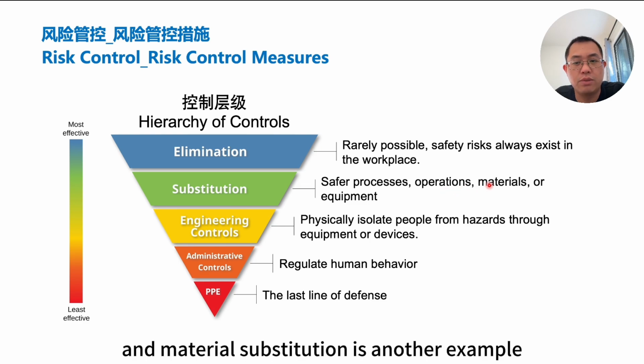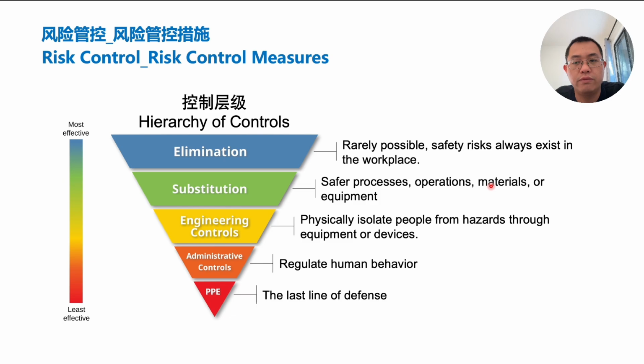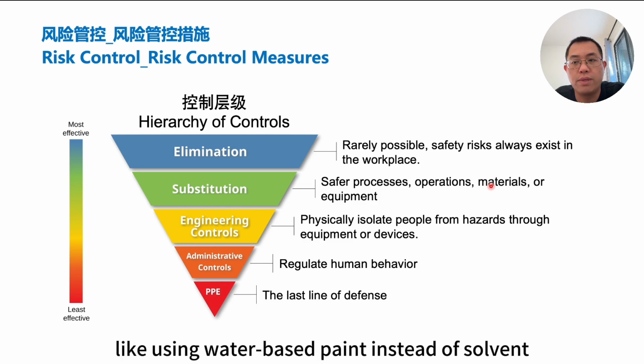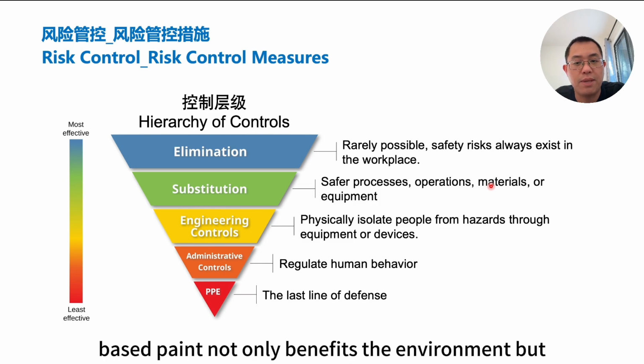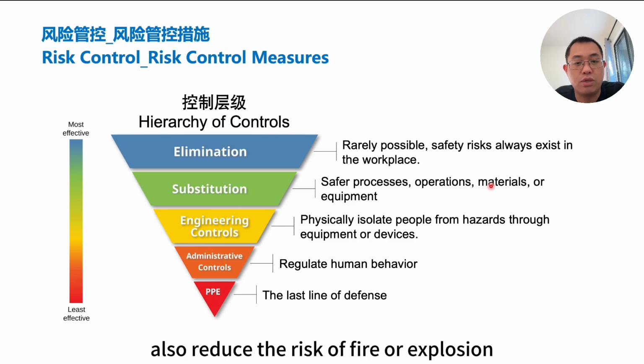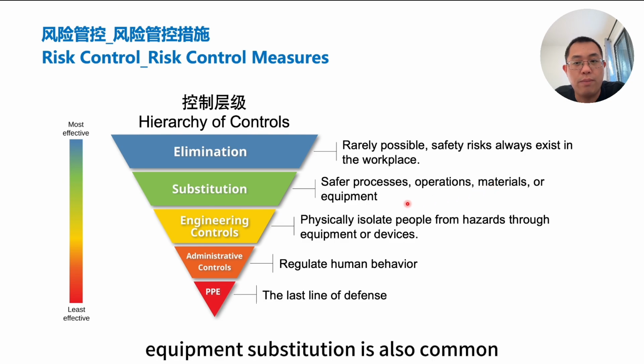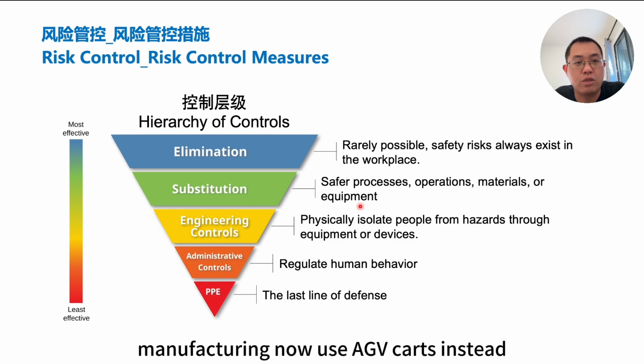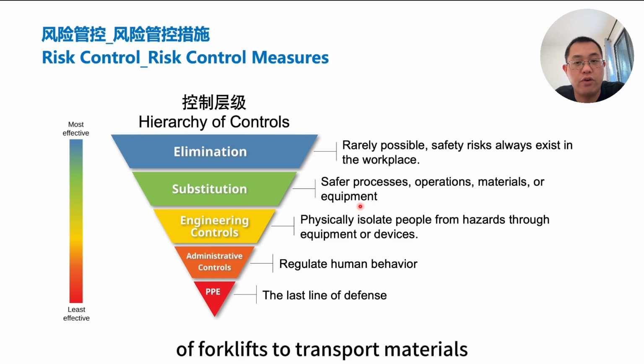And material substitution is another example, like using water-based paint instead of solvent-based paint. Not only does it benefit the environment, but it also reduces the risk of fire or explosion. And equipment substitution is also common. For example, manufacturers now use AGV carts instead of forklifts to transport materials, which is generally safer.